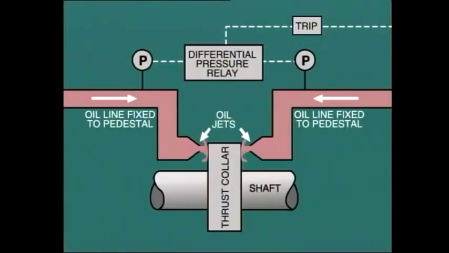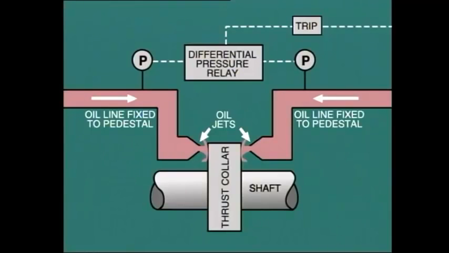Another important protection device that is set to trip the turbine is the thrust-bearing failure monitor. This equipment is fitted to precisely measure the position of the thrust collar in relation to its pedestal. As long as the thrust bearing on either side of the collar is operating correctly, there will be no change in the relative position of the collar, even when the turbine shell and the turbine rotor expand.